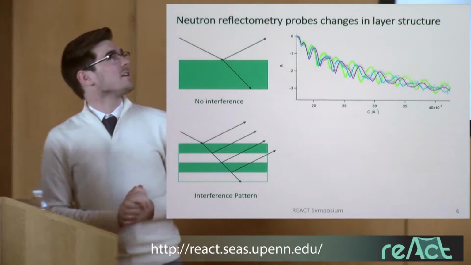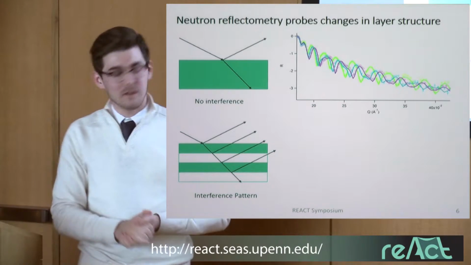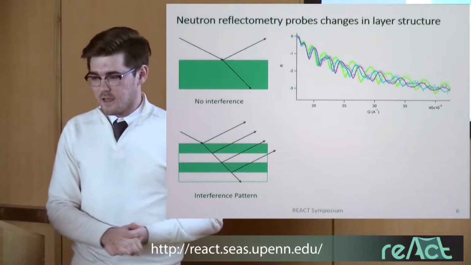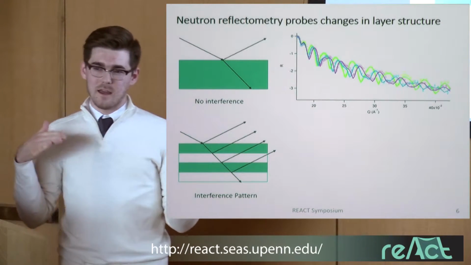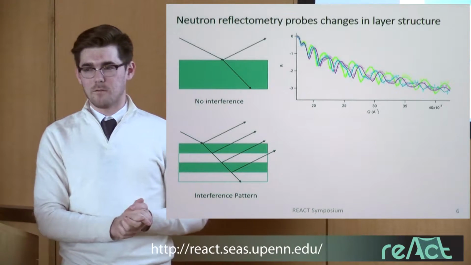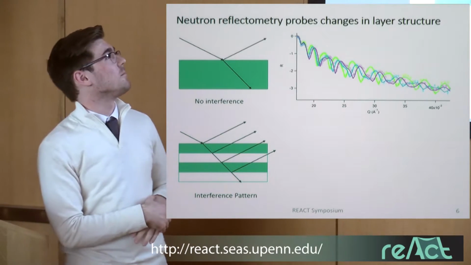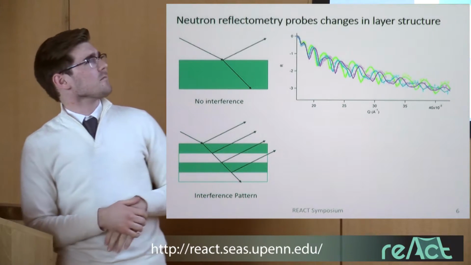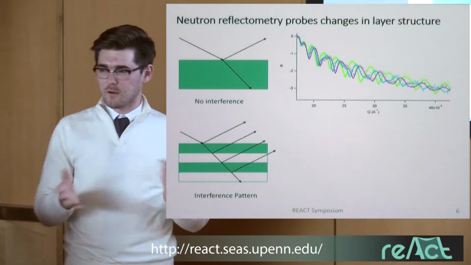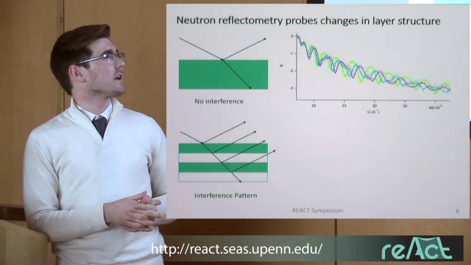So in case you're not familiar with neutron reflectometry, if you take a neutron beam and skip it off the surface of a simple or a very thick layer of, say, a polymer, the beam is reflected and there are no interference patterns picked up.